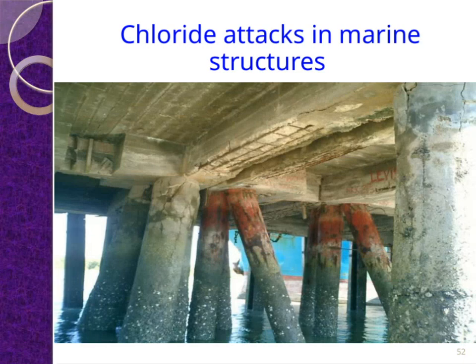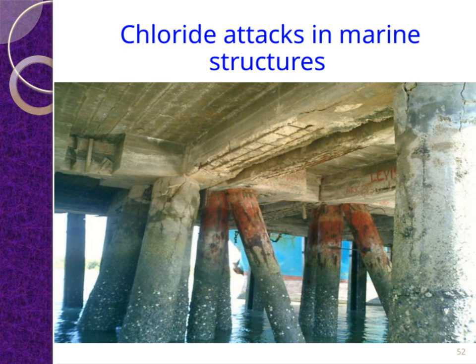Let's take a closer look at chloride attacks in marine structures. As you know, these structures are constantly exposed to salty seawater, which presents unique challenges for durability. Chloride ions are particularly problematic because they can penetrate protective coatings and reach the steel reinforcement. Once they reach the steel, they can initiate corrosion, which significantly weakens the structural integrity over time.